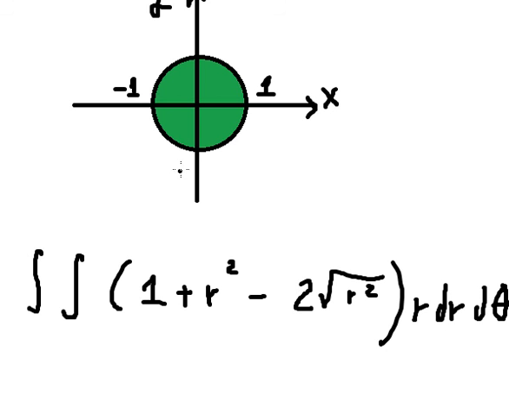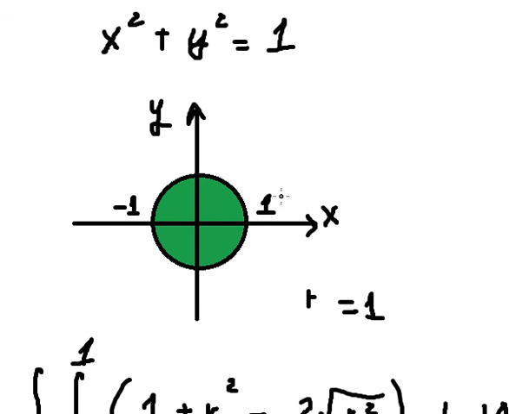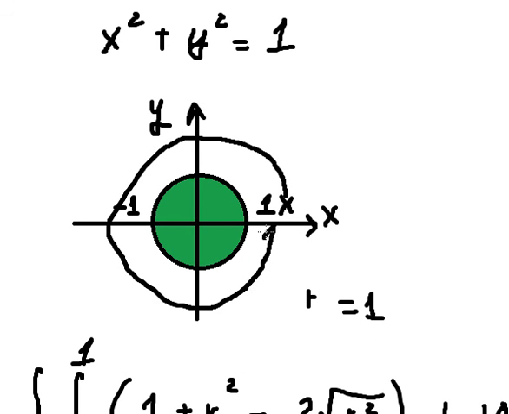About dr, that should be from 0 to 1 because the radius of the circle equals 1. For d theta, we start in here and we go in here.